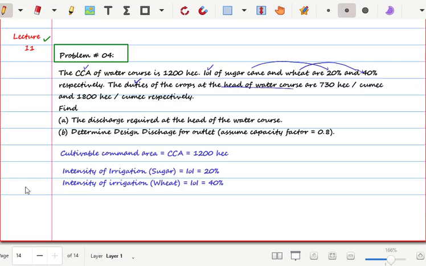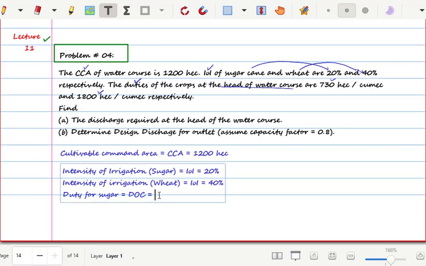So that means duty for sugar is equal to duty, which is represented by D, right? Duty or duty on capacity. You know that duty on capacity we represent it with D or DOC, which is equal to how much? It is given to us 730 hectares per cubic for sugar and 1800 hectares per cubic for wheat.